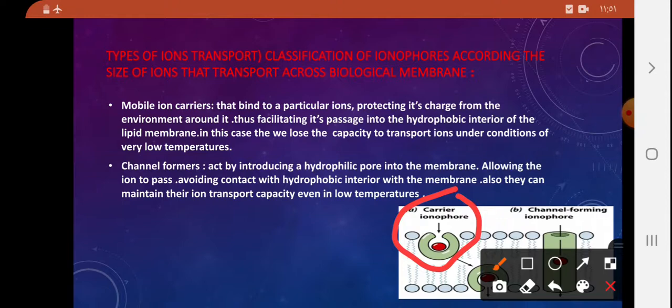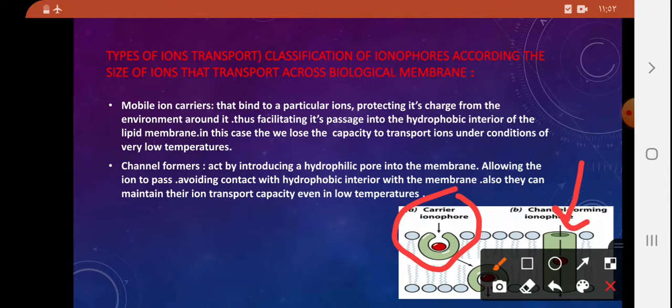The other type is channel formers, acting by introducing a hydrophilic pore into the membrane, allowing the ion to pass, avoiding contact with the hydrophobic interior of the membrane. Also, they can maintain their ion transport capacity even in low temperatures.